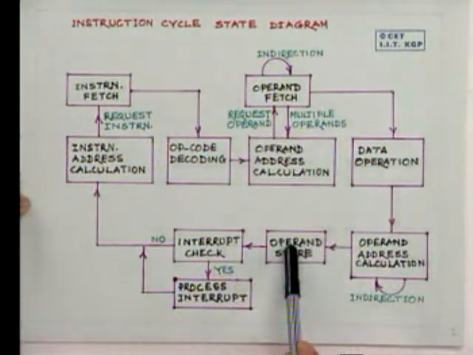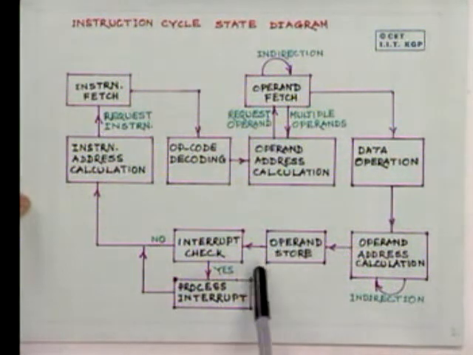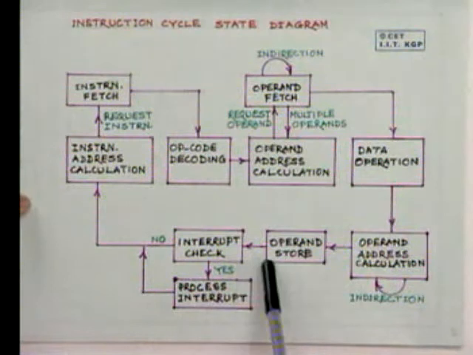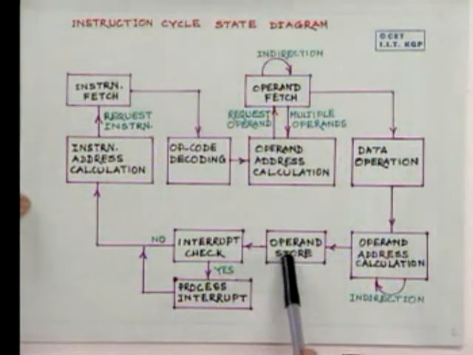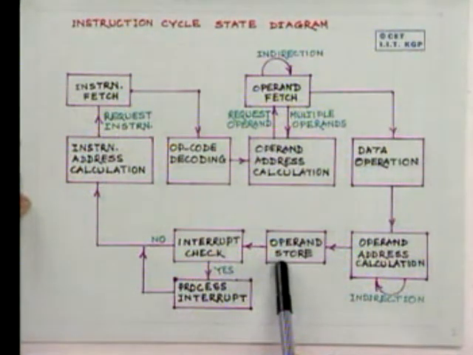Then the operand is stored. Up to this point, the instruction execution is over. Now, after this, if there is some external stimulus, like an interrupt, for example, that the CPU earlier told some IO device to do some operation.